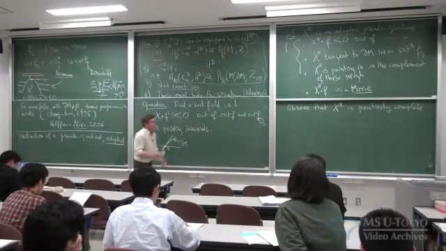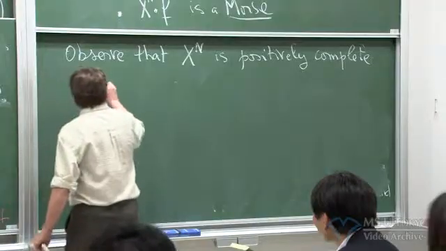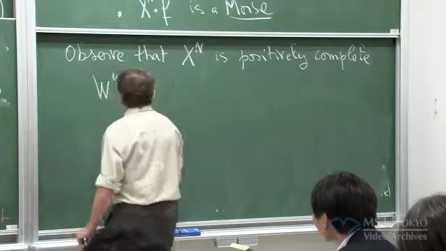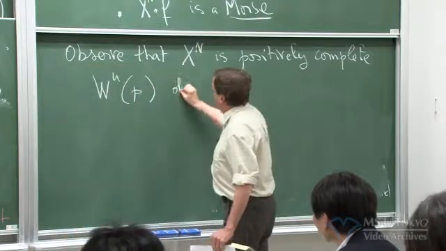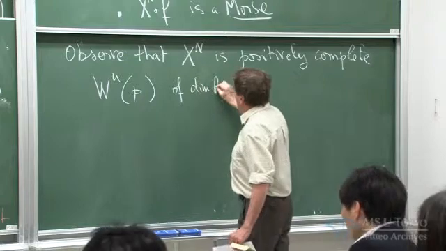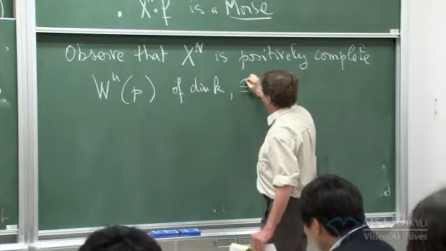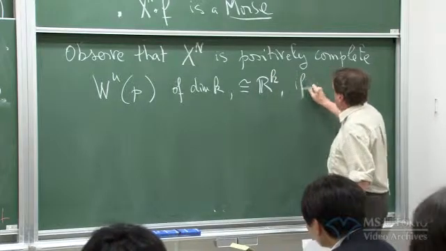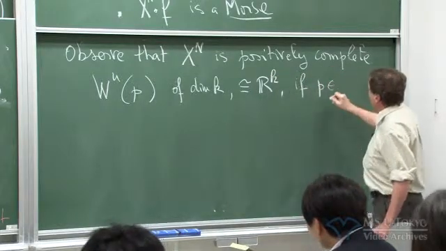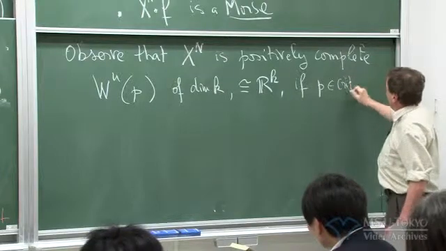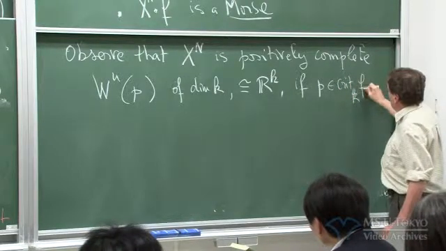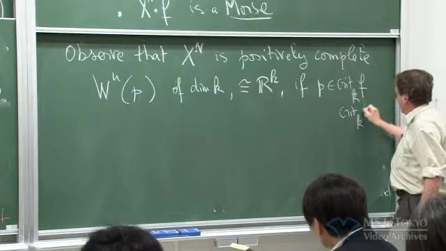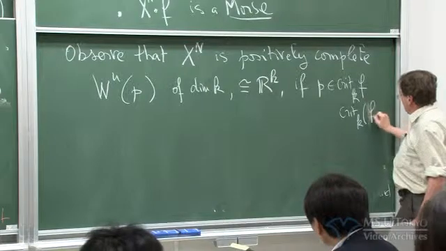So you have, as usual, unstable manifold of dimension k, more precisely diffeomorphic to R^k, if P is a critical point of index k of f, or a critical point of index k of f del.